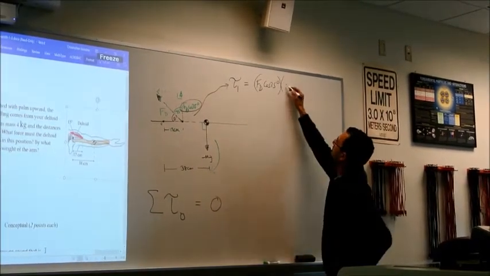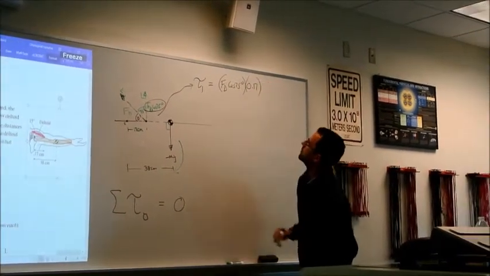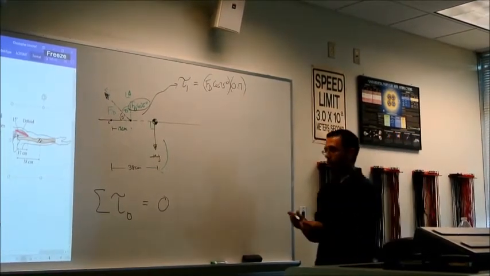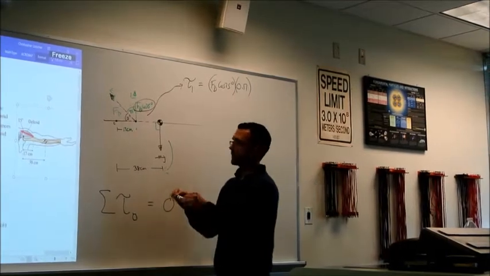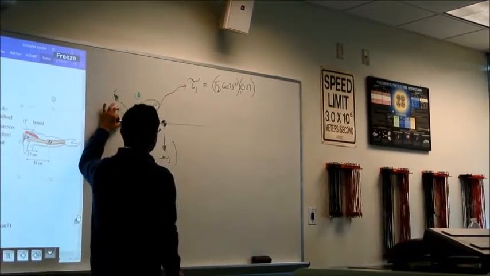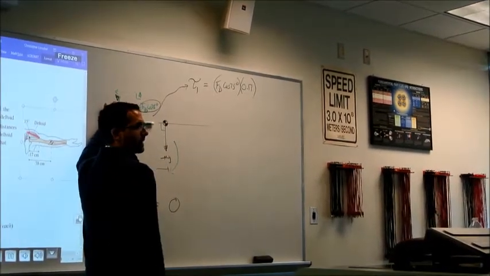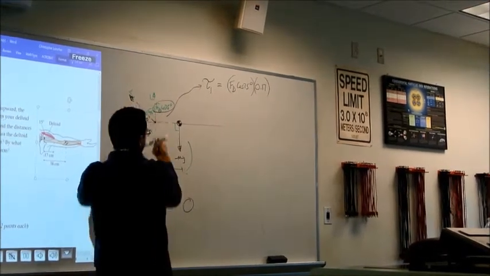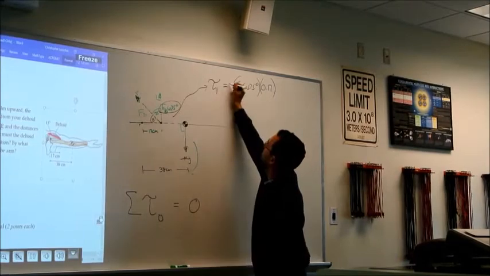But I'm going to convert that to meters, so 0.17. Now, will that be a clockwise torque or counterclockwise? Let's look. I'm going to hold my pencil right there, parallel to the arm, holding it at the pivot point. I'm going to push it up. Which way is it rotating? Counterclockwise. Excellent. So that's going to be plus.